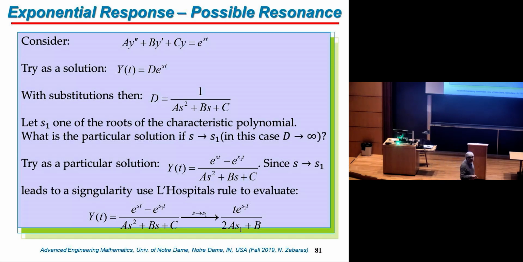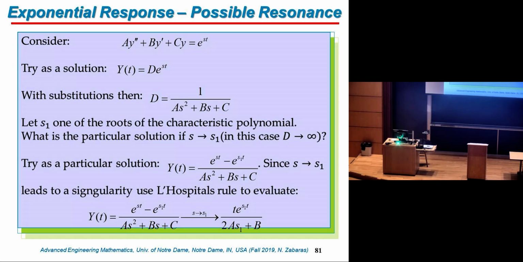What do we do? If you know tricks, you say if e to the st is not a solution, maybe t e to the st will be a solution. You may be lucky, but I want to do it more formally with a little bit of algebra.